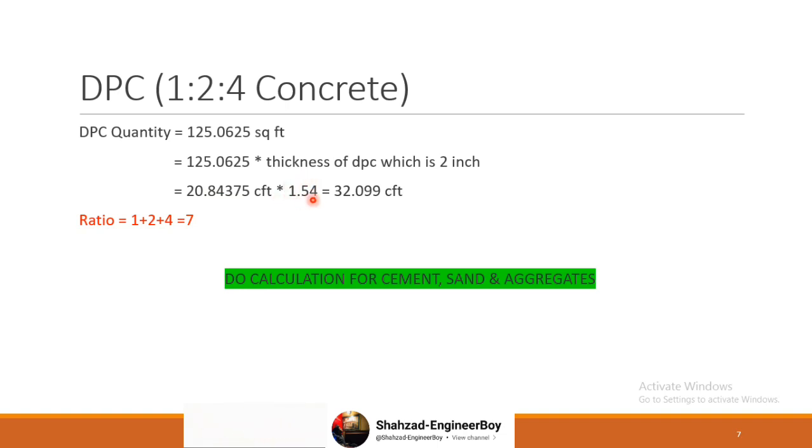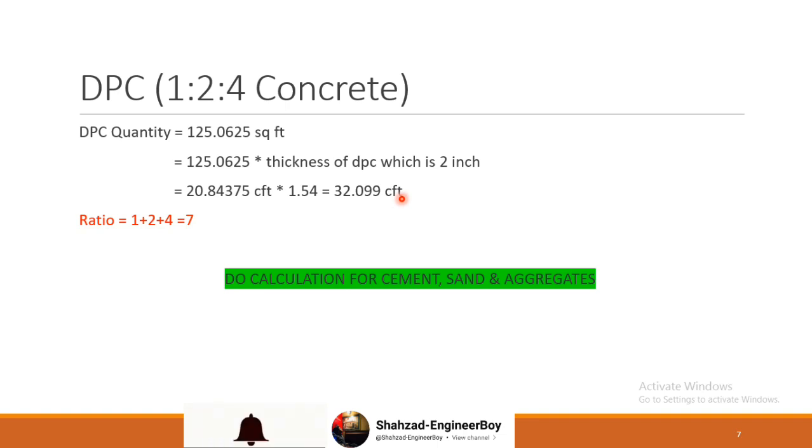Multiply that factor for the dry volume. For concrete 1.54, and for plaster some people take 1.27, some take 1.33. We are taking 1.27 for plaster and 1.54 for concrete. Multiply it and you get the quantity of 32.0 cubic feet. Now it is the same as PCC concrete.